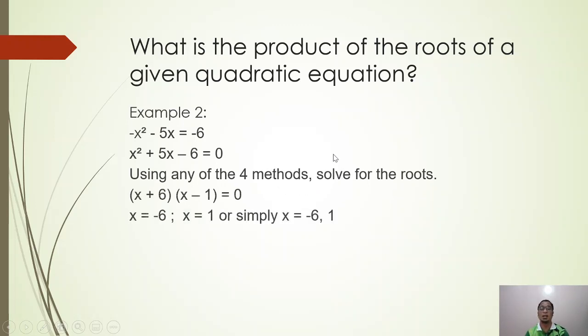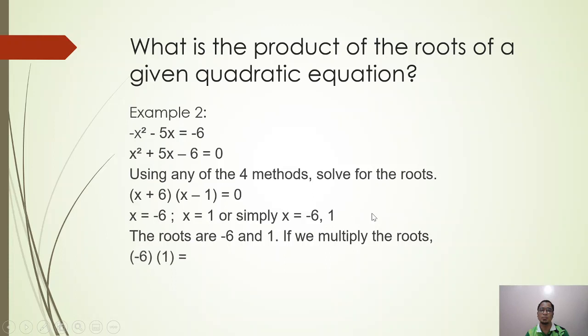This is what we did earlier. The next step will be, if we multiply the roots, because it is the product, we will be multiplying the roots that we got. Negative 6 times 1. Here our law comes in: like signs, the answer is positive, and unlike or different signs, the answer is negative. When do we do this? When we are multiplying or dividing.